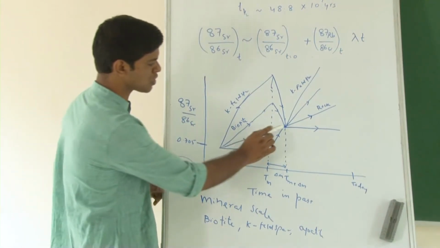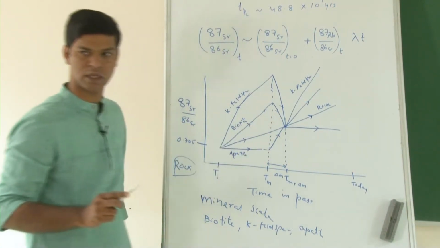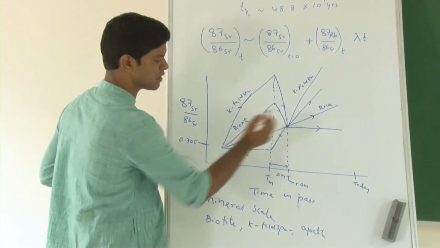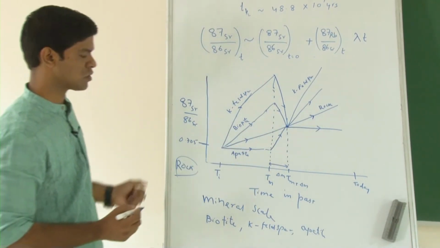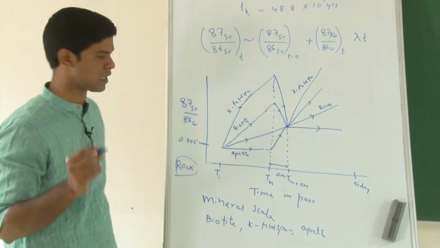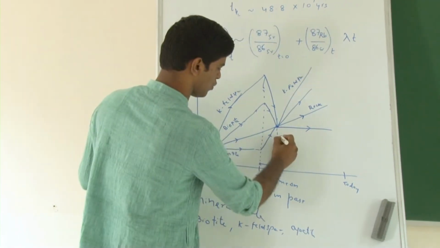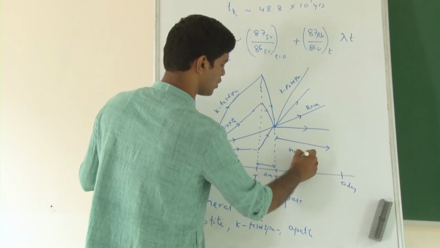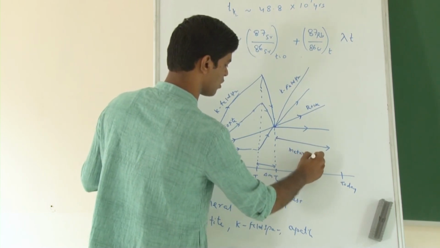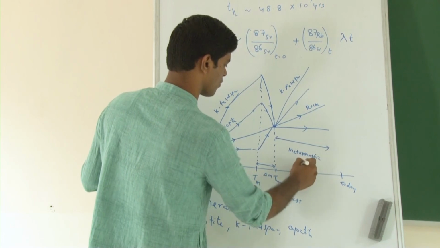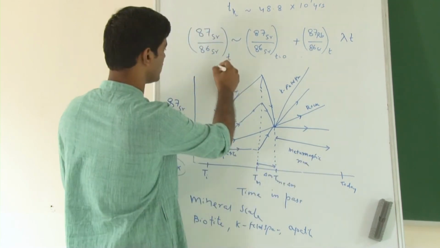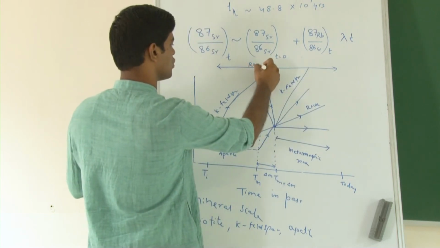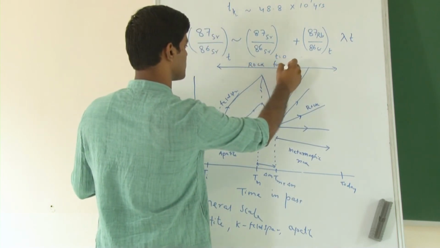Now the strontium isotopic ratio got re-homogenized or got a new value at this point of time. So, there are two pieces of time information that we are interested in. If you can extract this information, this is going to give you the metamorphic age of the rock, and if you can find this information from the start till today, that is going to give you the rock formation age.